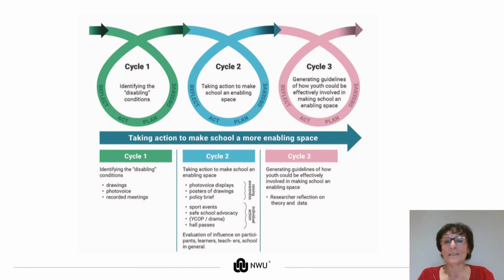And then, as I said, you could then move on to another cycle if you wanted to, or to generate guidelines with your learners as well. Otherwise, you could just do the 2 cycles, and cycle 3 would be your sort of last chapter where you generate the guidelines rather than make recommendations.